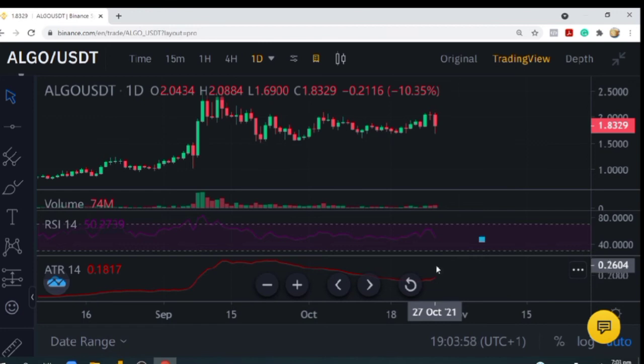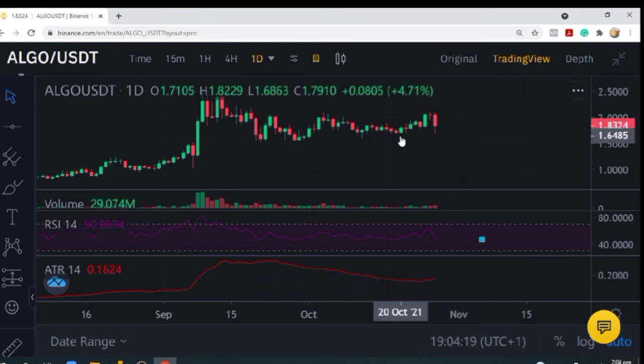So what you want to do is to set your stop loss at one ATR below the area of value. If you are setting your stop loss, you should be setting it one ATR below the area of value. So let's say we have already identified this particular point as our support.